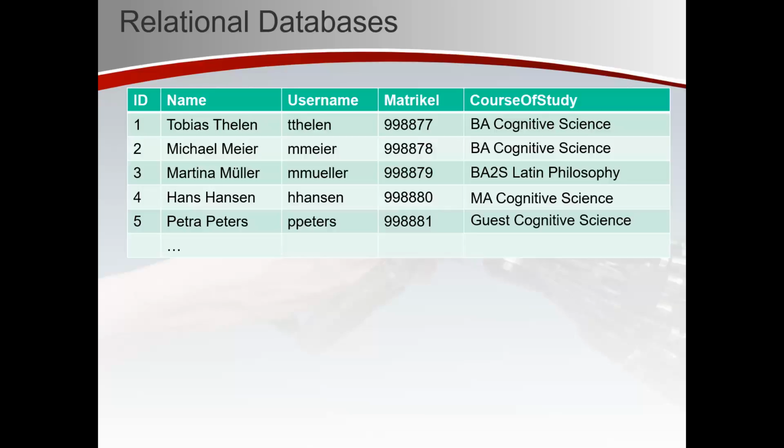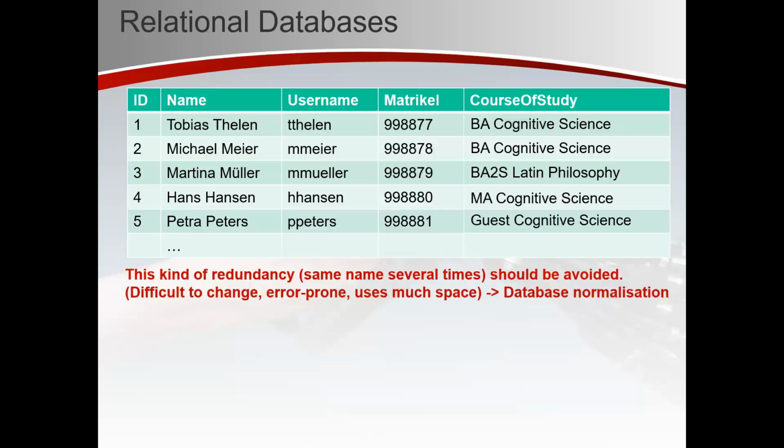What strikes us here is that we have some kind of redundancy. So we have the same string multiple times here, and typically this kind of redundancy is unwanted and should be avoided in relational databases. That's because it's difficult to change.